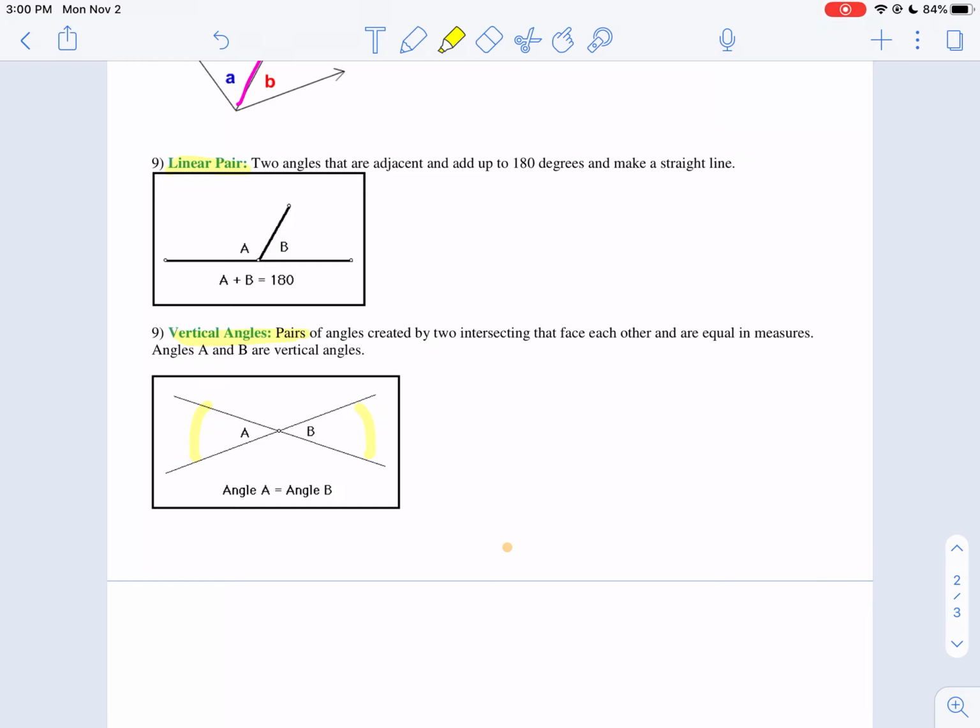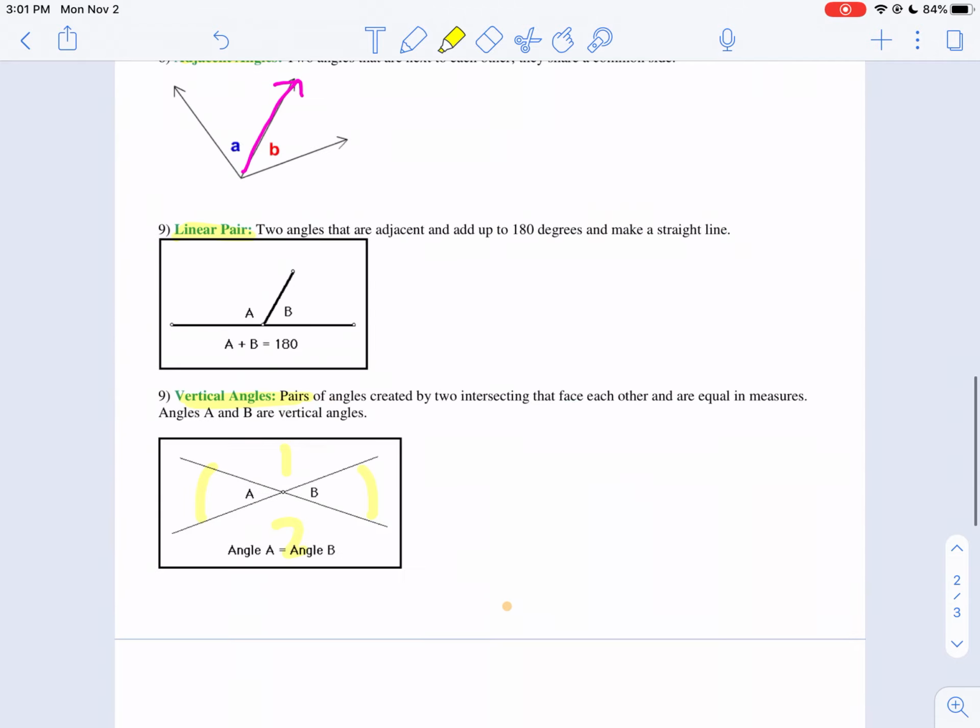If you know that A is 50, B is also 50, and then of course 1 and 2 are also congruent. That's the other pair. Okay, so if 1 is 120, then 2 has to be 120 also. And just remember, because this is a circle, when you add 1 to A to 2 to B, the measure has to be 360 degrees. Okay, we are not doing anything with that yet, but in the future we will.